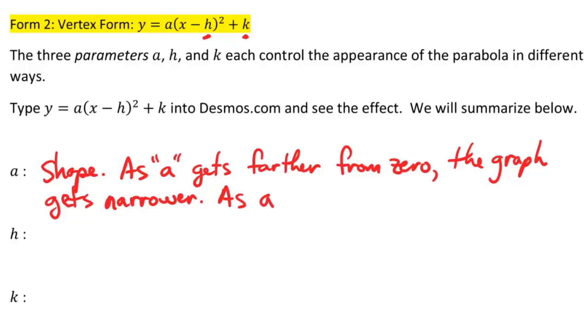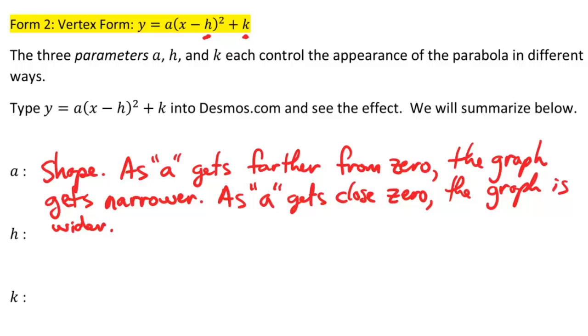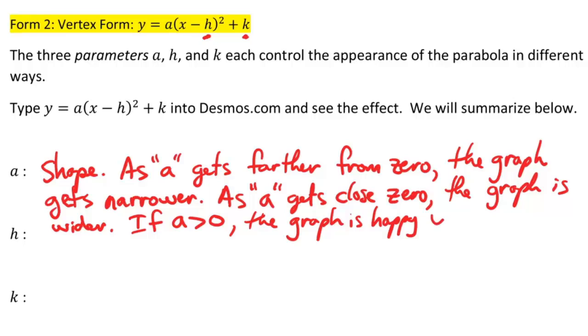As A gets close to 0, the graph is wider. If A is positive, if it's greater than 0, the graph is a happy face, like this. But if A is less than 0, the graph is sad.